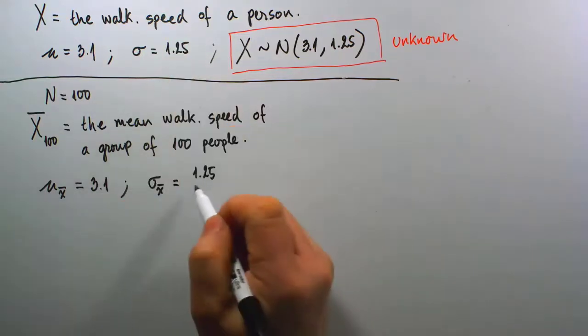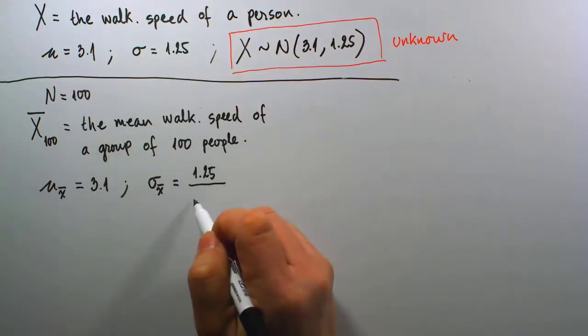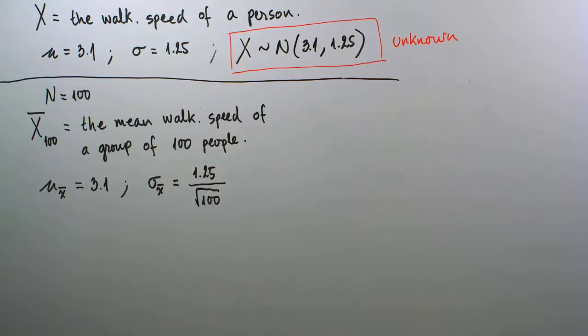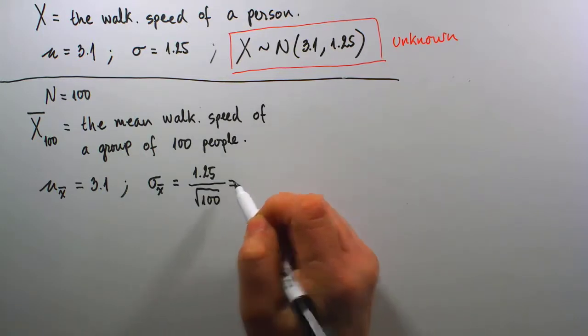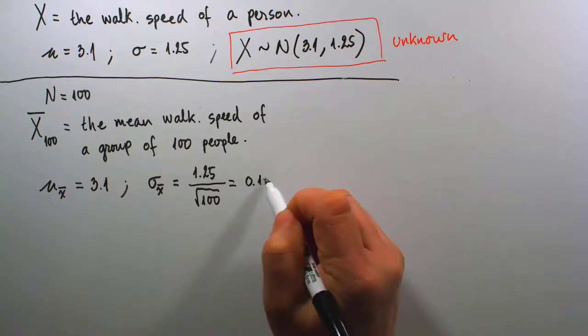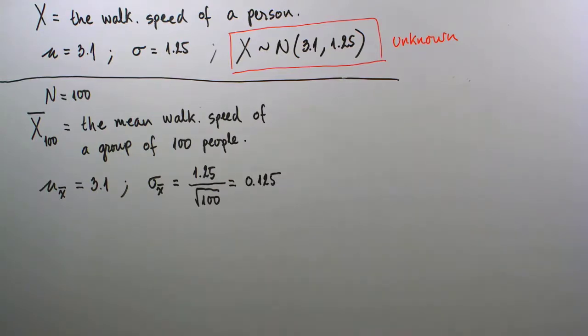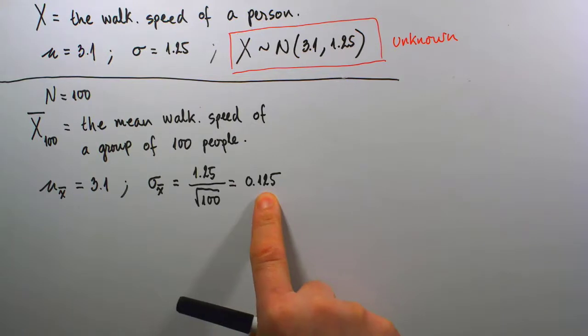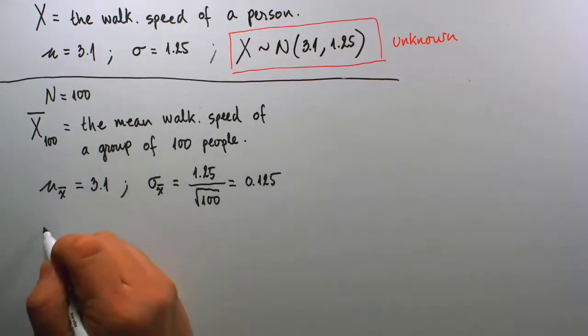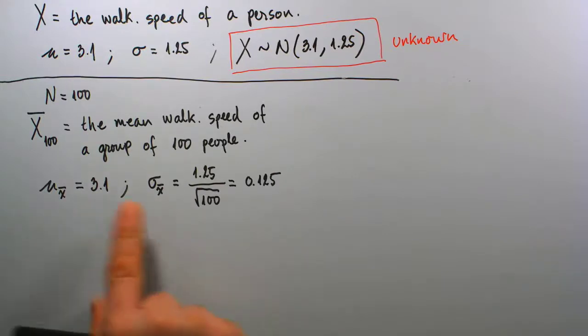I am going to divide by square root of 100 this time. The math came out for me 0.125. So this is my average spread on this population of sample mean values. We already found the center and we found the average spread.